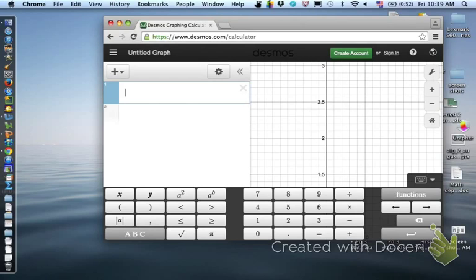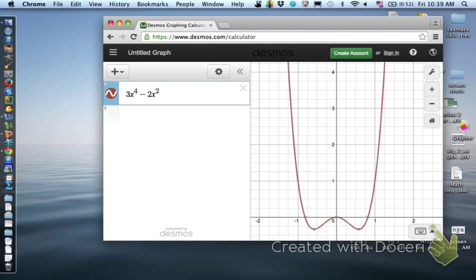If we type that in, 3x to the 4th minus 2x squared. I'm going to need to zoom out for this one so we can see it a little bit better.